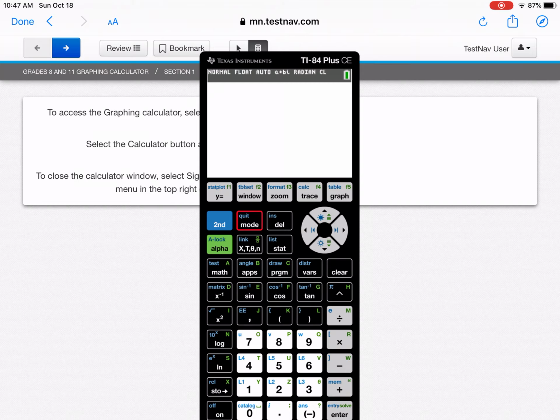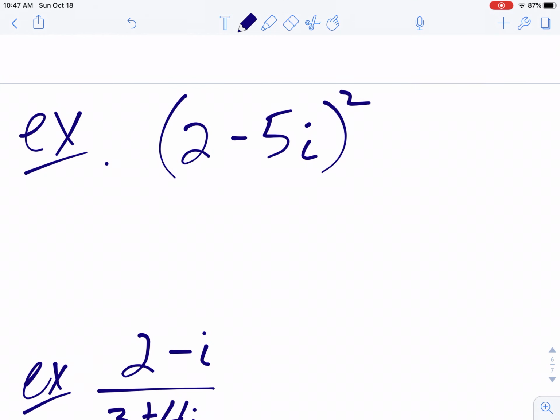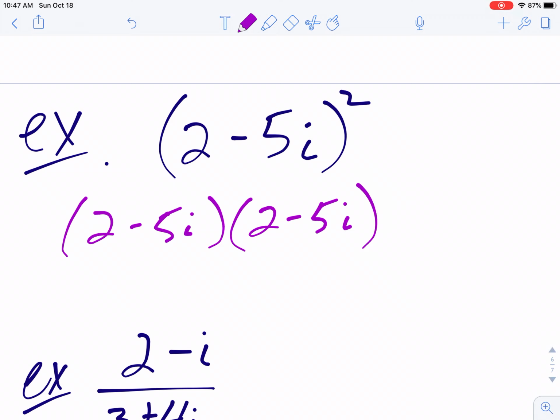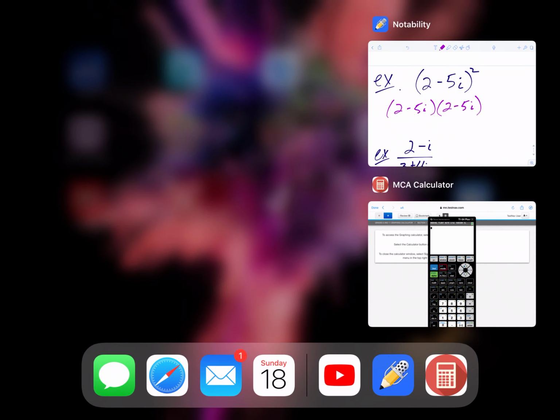So for my first example here, I'm asking you to do this problem, (2 minus 5i) quantity squared. Now to do this by hand, I would have asked you to write it out twice. But your calculator can actually do that for you, (2 minus 5i) squared.